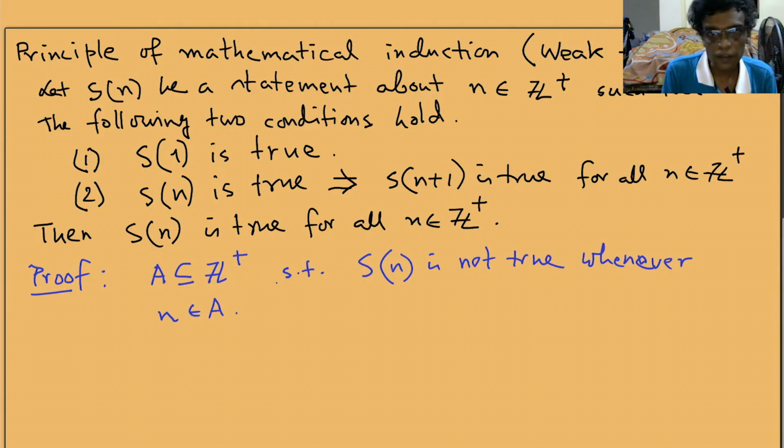A is the set of all n for which S(n) is not true. So, I prove by contradiction, I assume that A is non-empty.